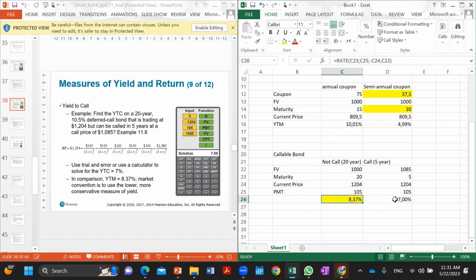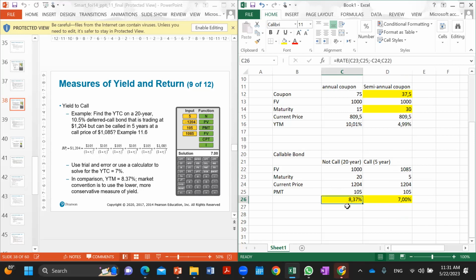So our expected return is actually higher when the company does not exercise its call function, because the yield to call is 7%, while when we hold until maturity, we expect to receive 8.37%. We will receive a higher return if the company does not exercise its call function.